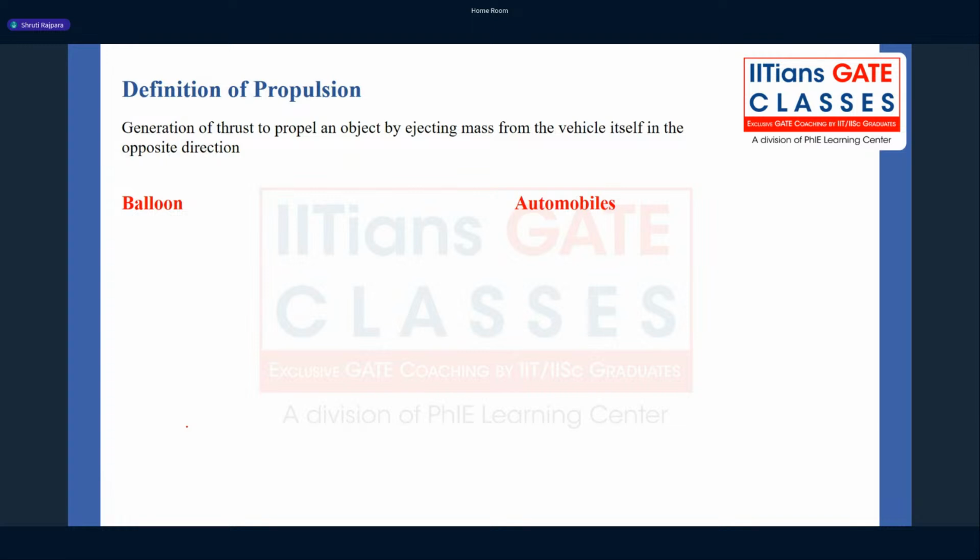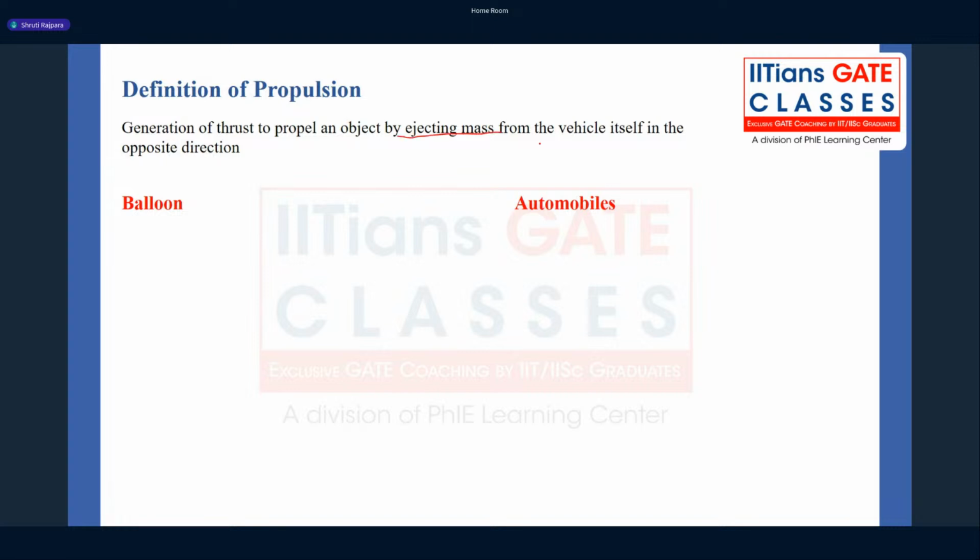Let me begin by sharing the definition of propulsion. Propulsion is basically the generation of thrust in order to propel an object by ejecting mass from the vehicle itself in the opposite direction. Propulsion works on Newton's third law: every action has an equal and opposite reaction. So it produces thrust, but the key point to highlight is that it produces thrust by ejecting its own mass.